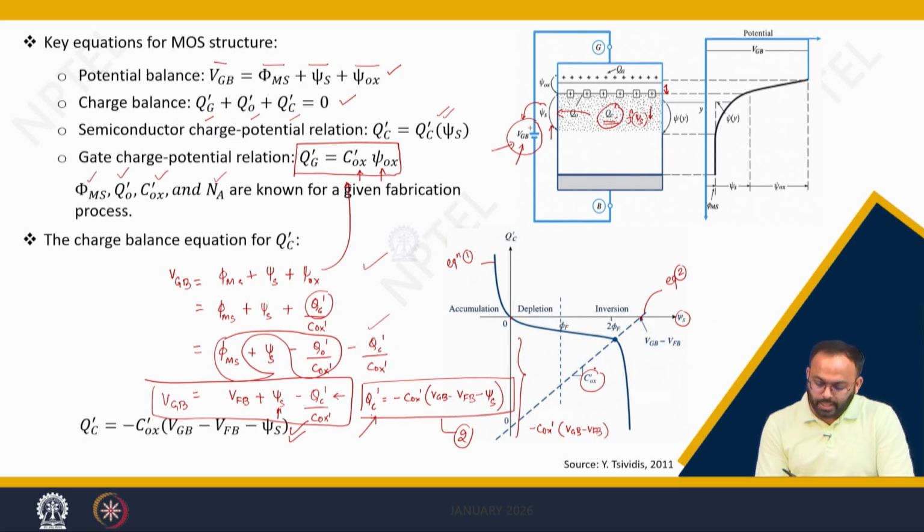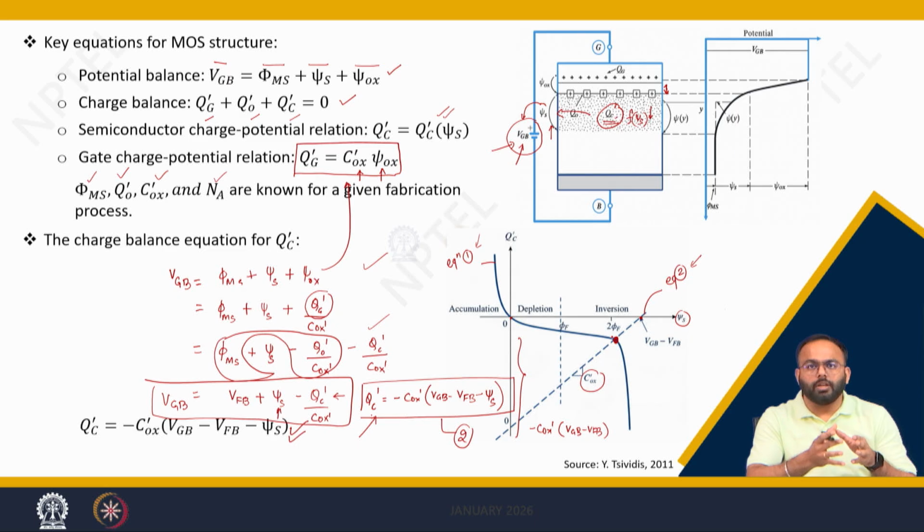Now, as equation number 1 and equation number 2 show the same relation of QC dash with psi s and VGB, the intersection of these two equations will give you the exact solution, that is this point. Meaning, for a particular VGB, you have a particular value of psi s and that psi s gives you a particular value of QC dash.